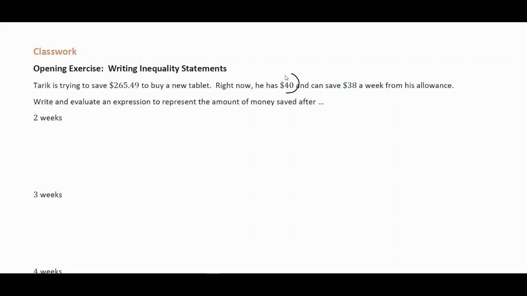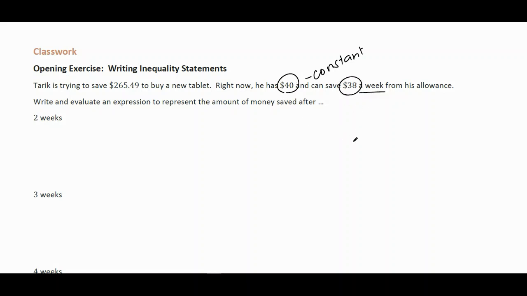Of course, 40 will be identified as a constant, so it won't change because Tariq already has it. If he's not going to spend it, we're not going to be able to change it. Then we have $38 a week.